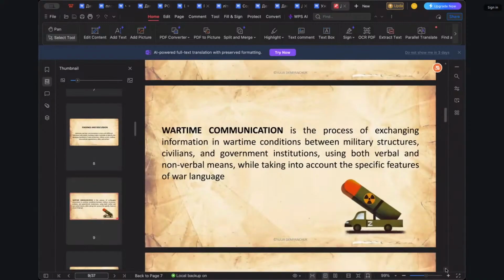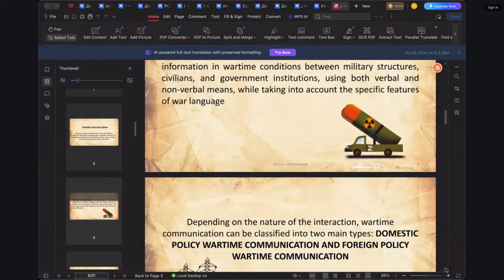And I propose the following definition of wartime communication. It is a process of exchanging information in wartime conditions between military structures, civilians, and government institutions using both verbal and non-verbal means, while taking into account the specific features of war language.